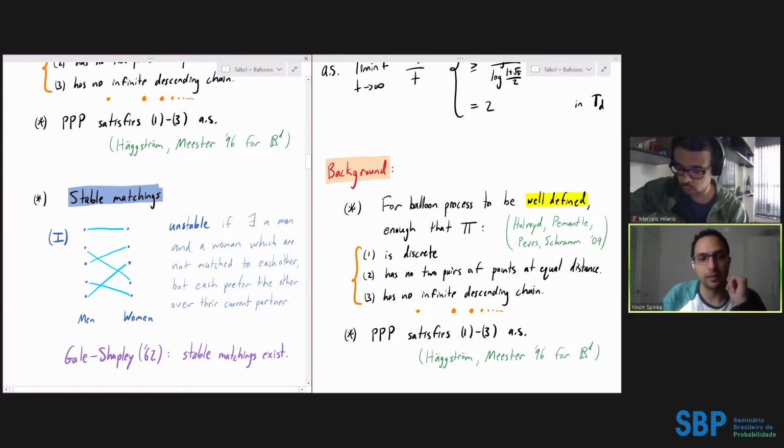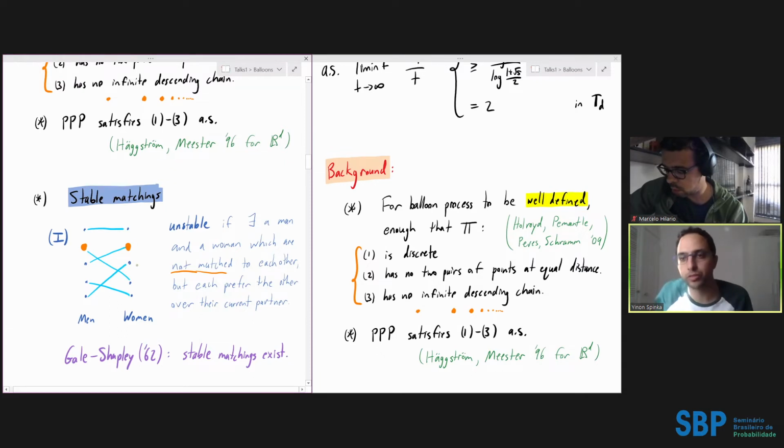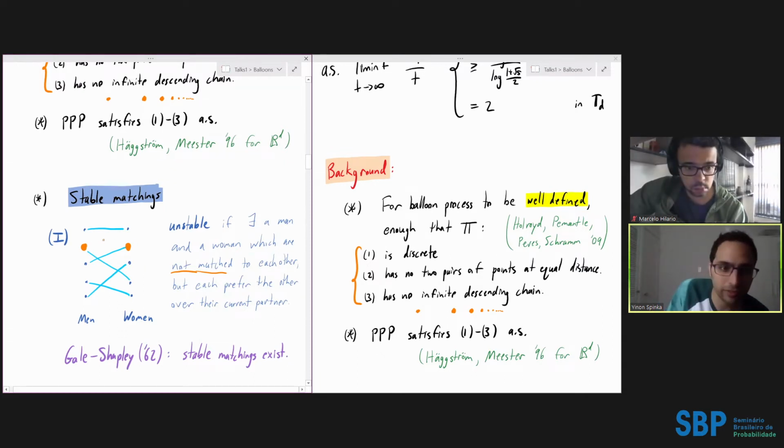A matching is called, well, we want to say what it means to be stable. Let me define what it means to be unstable. A matching is unstable if there exists some man and woman, perhaps this man and this woman, who are not currently matched, so they're not partnered in this matching. However, each of them prefers the other over their current partner.